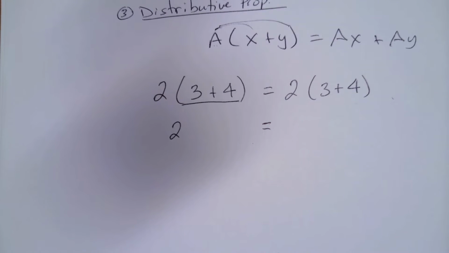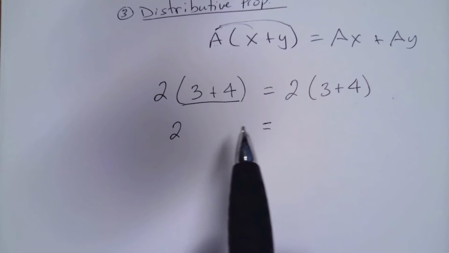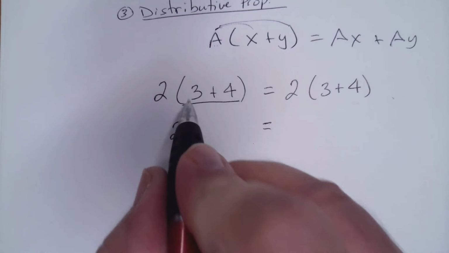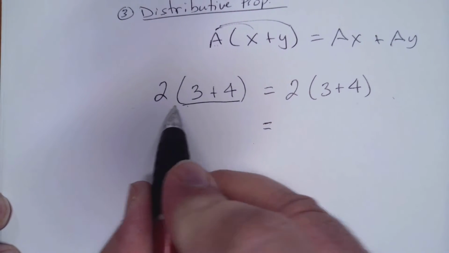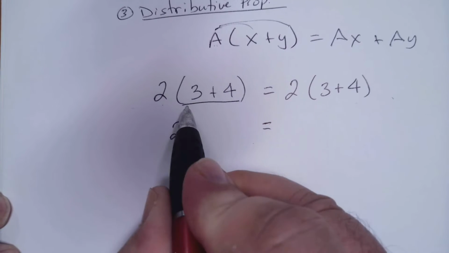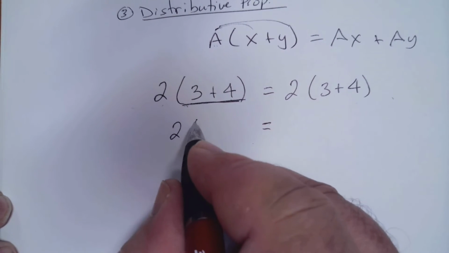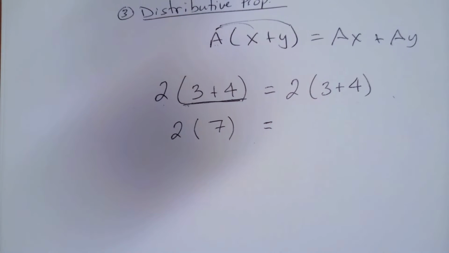Special operations. Because parentheses are not the only thing. We have brackets. We can have absolute value signs. We're going to cover all these different symbols. So the order of operations says do special operations first. Reading left to right, this is 2 times, here's a parenthesis. So it tells us to do inside there first. 3 plus 4 is 7.